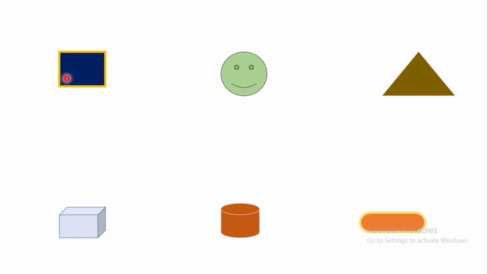Is this yellow? Of course, yes, it is. This is, well, I want to say an emoji now, but it's a shape because it's a circle. This is a triangle. This is another shape, and this is another shape. So they are very important objects.